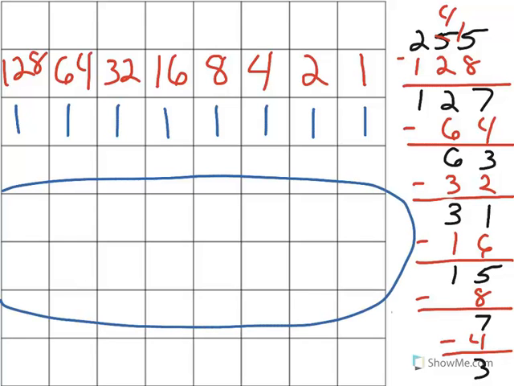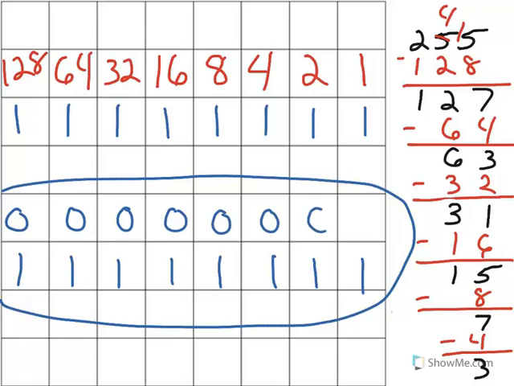If all ones are 255, then all zeros would simply be 0. That gives me a combination of 256 unique possibilities, with the first one being all zeros and the last one being all ones, or translation 255.